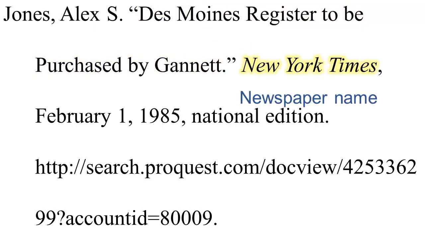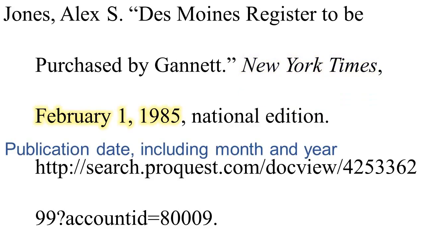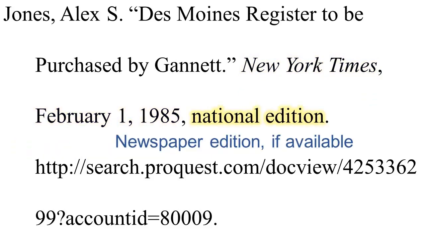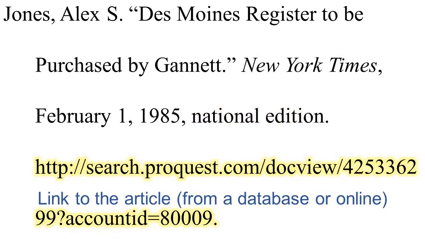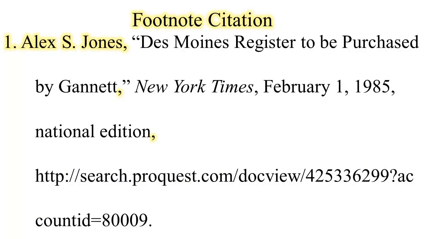The name of the newspaper is italicized, followed by a comma, then by the date, followed by a comma, and then the edition that this particular article appeared in, followed by a period. You will then end the citation with a permanent link back to where you located the article, followed by a period.